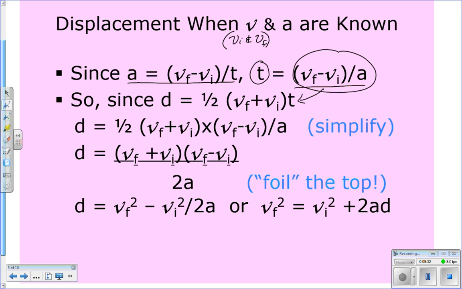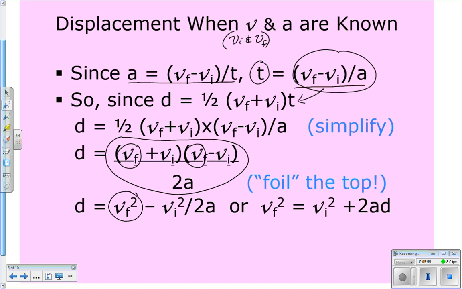Now, if you're multiplying by 1/2, you're really dividing by 2. So I've simplified that by writing it this way: VF plus VI times VF minus VI all over 2a. Then what we do, we go back to algebra class and FOIL the top part here. VF times VF would be VF squared.